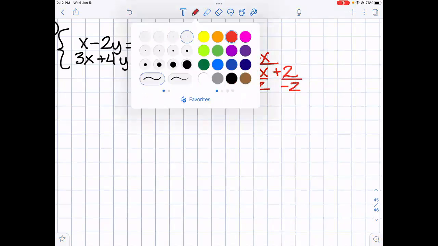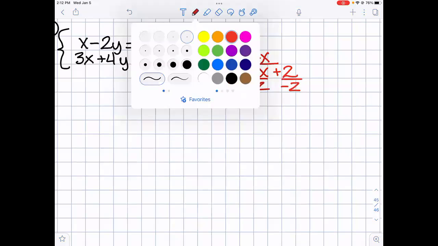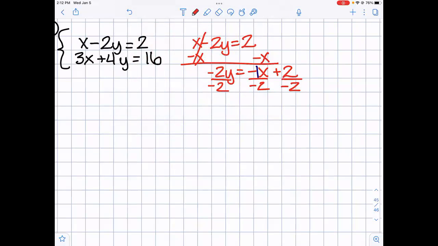Okay, now this x, there's not a number in front. What is it actually? 1. Here's the deal: if it makes more sense to write it as a fraction, so if it doesn't come out as a whole number, just keep the fraction. So this cancels.